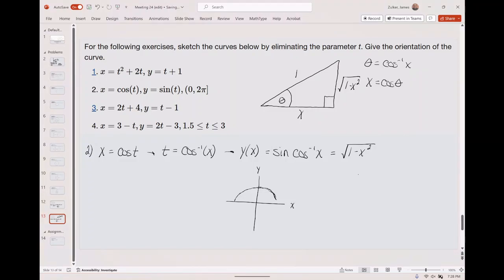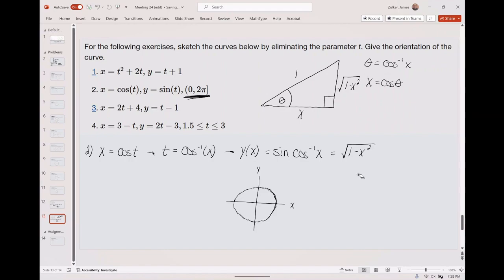Right, but again, that is only 0 to pi. We were told t goes 0 to 2 pi, which means we'd also need the lower portion of the circle.